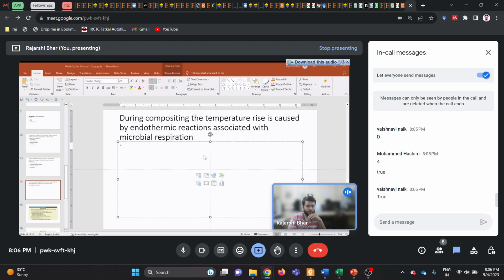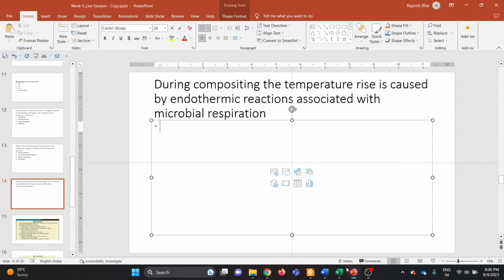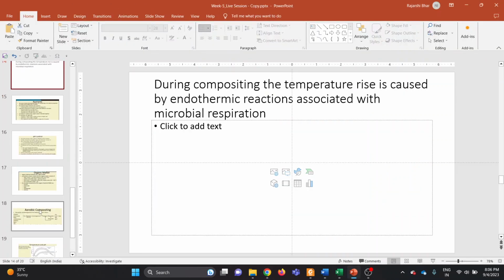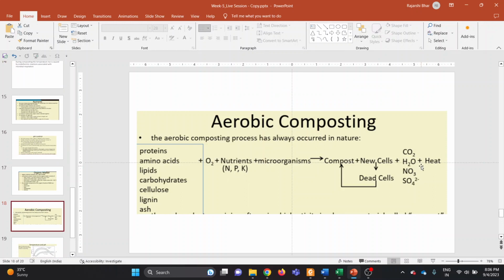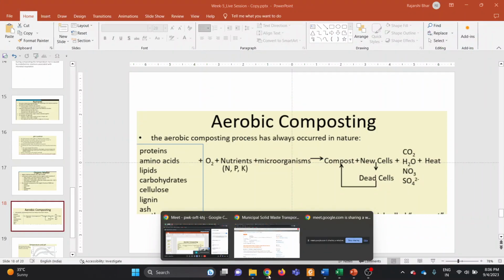Please think about it, because while composting, the temperature is increasing. If the temperature is increasing, that means heat is generated in the products. As you can see from this equation, heat is generated. And in whichever reactions heat is generated as a reaction product, they are known as exothermic reactions. In case heat is consumed or added during the reaction, if you want to heat some reaction to prepare a product, then heat is on the reactant side.